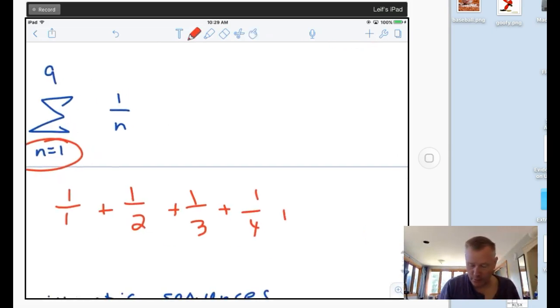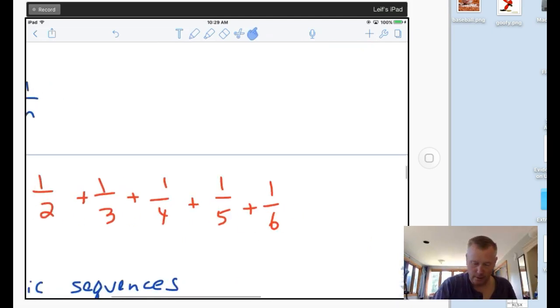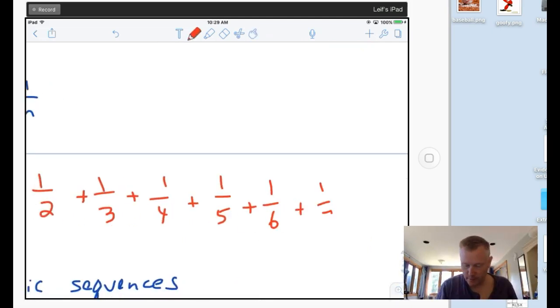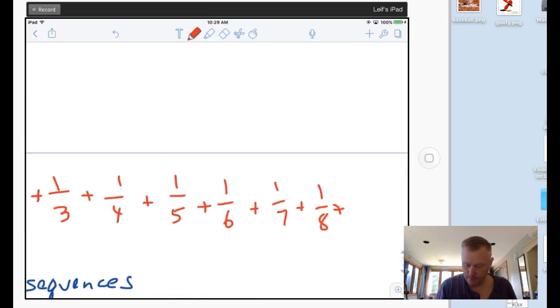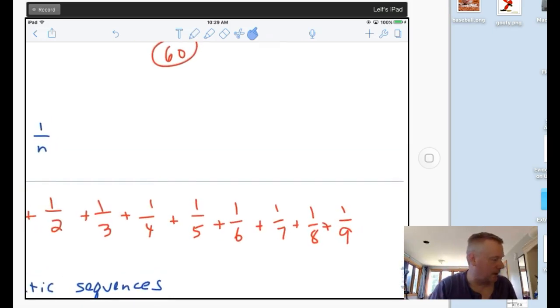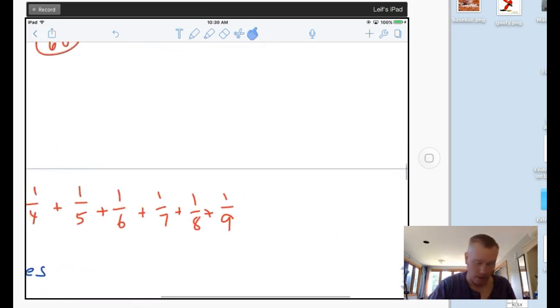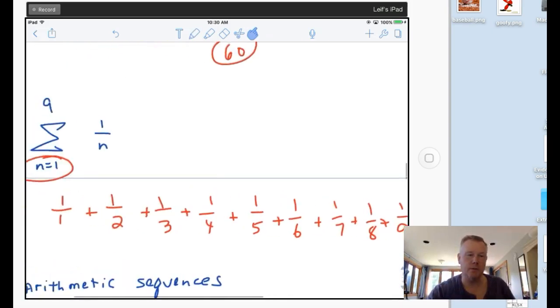This goes all the way up to 1/9. And after that, I'd probably be taking my handy dandy calculator and adding them all up and getting 2.82. You can check my math and get back to me if I made any mistakes.